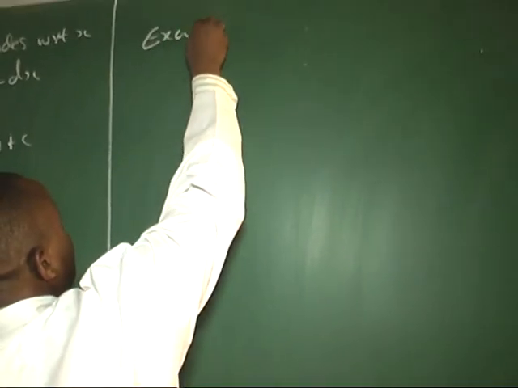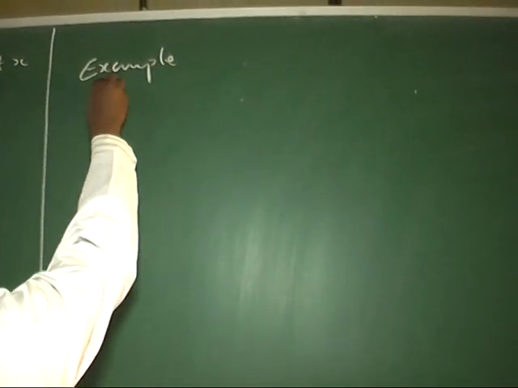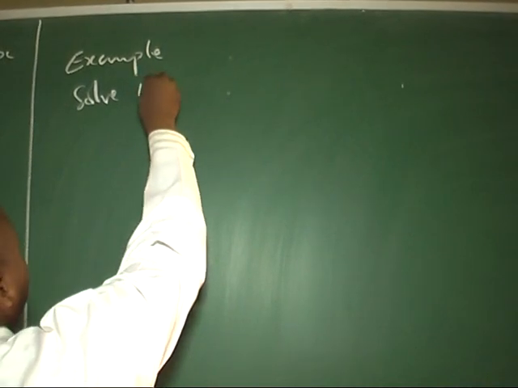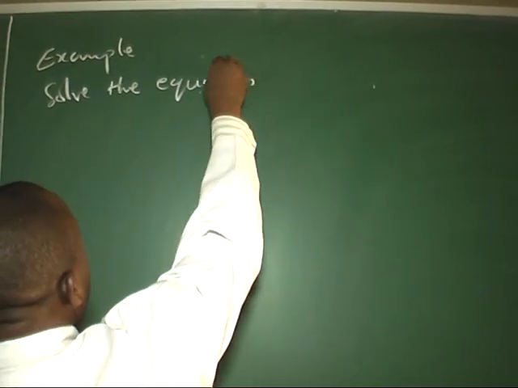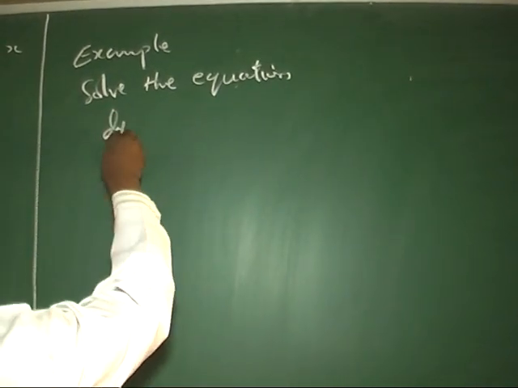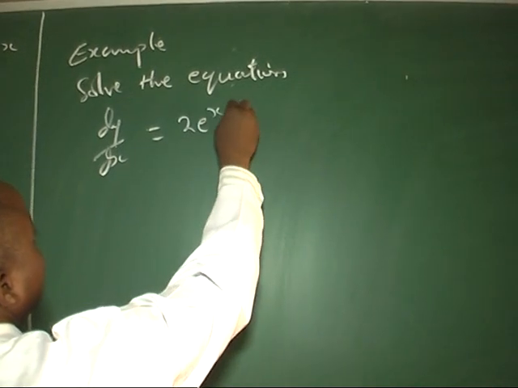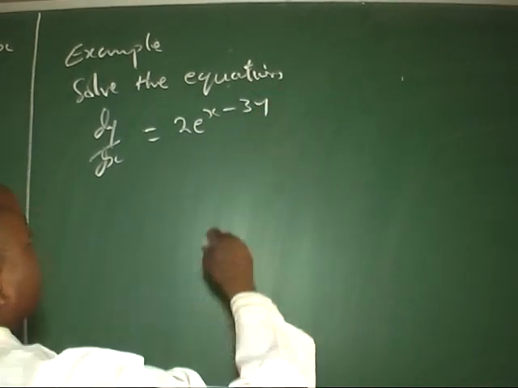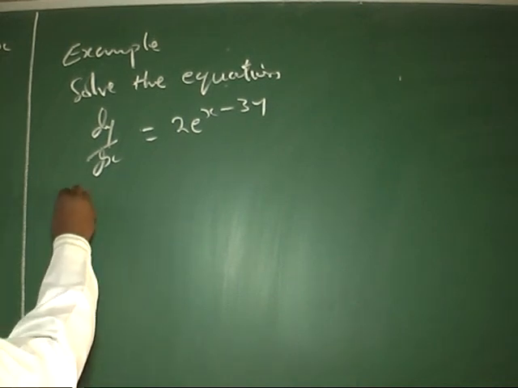So next example, solve the equation dy dx is equal to exponential x minus 3y. Now, the solution will be in this way.